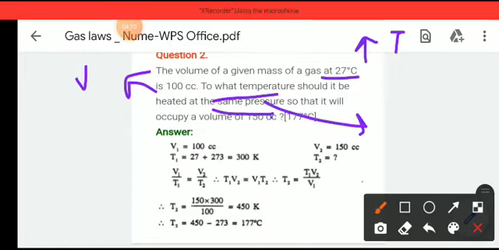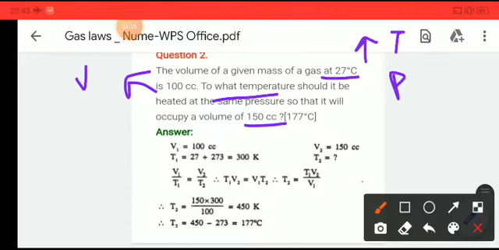So pressure is constant. So that it will occupy a volume of 150 cc.